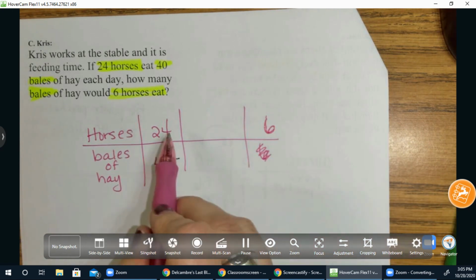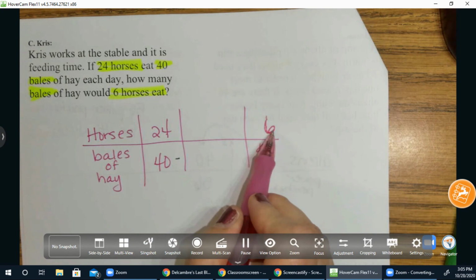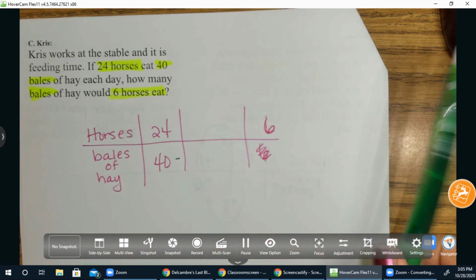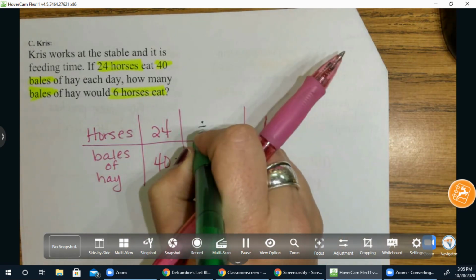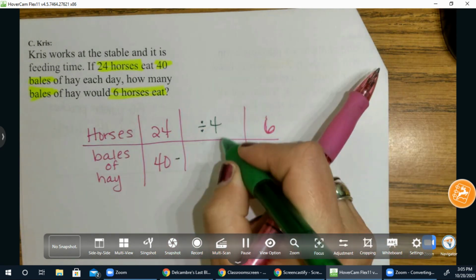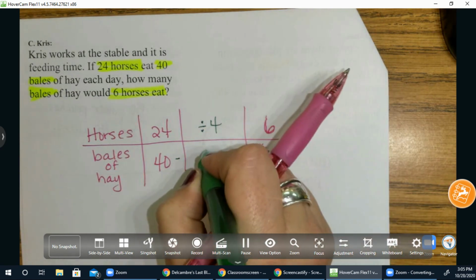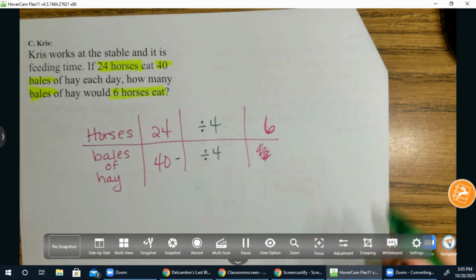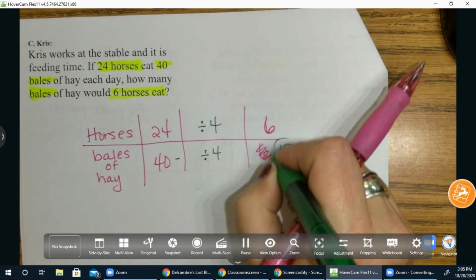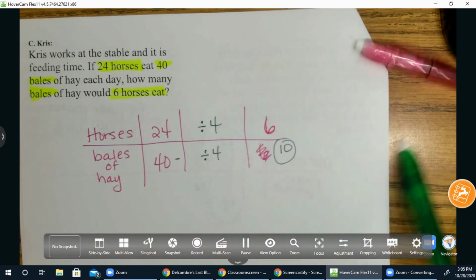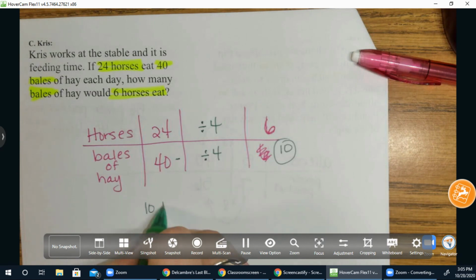So how can I go from 24 to 6? I can divide by 4. If I divide by 4 on the top, I can divide by 4 on the bottom, and I would get 10. So my answer would be 10 bales of hay for 6 horses.